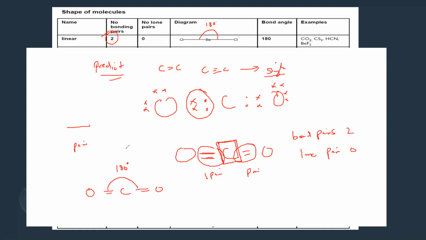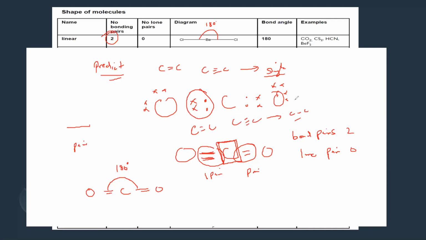When predicting the geometry, you consider a double bond and triple bond as one pair, because they are in the same direction. In practice there are 4 bond pairs, but in predicting the geometry, a double bond or a triple bond in the same line is always considered as a single bond.